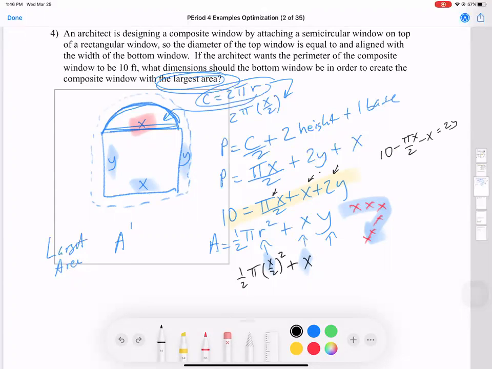Okay, let me pause. So we move stuff over. We move the pi over 2 x over. We move the x over.